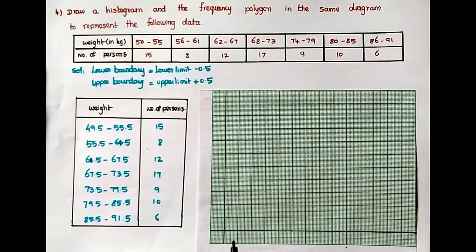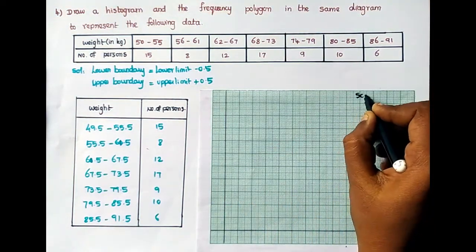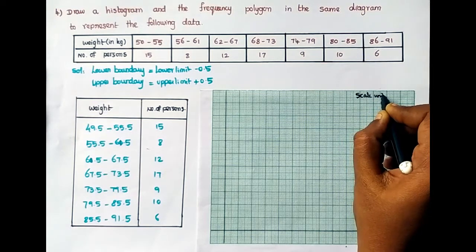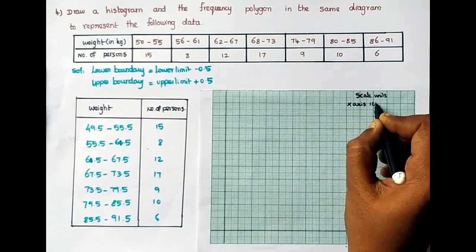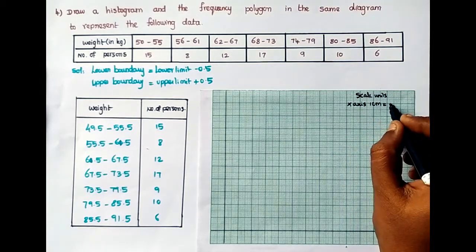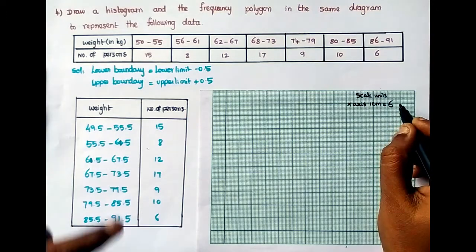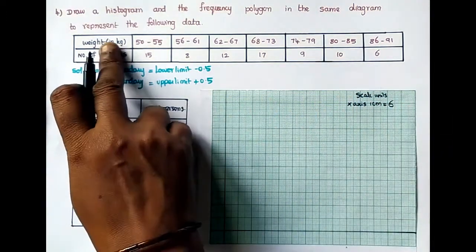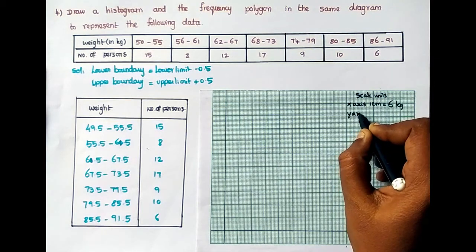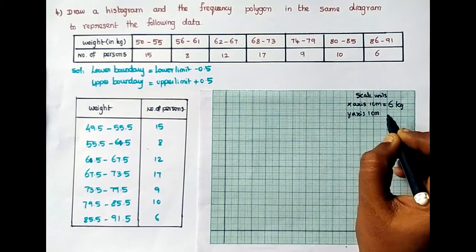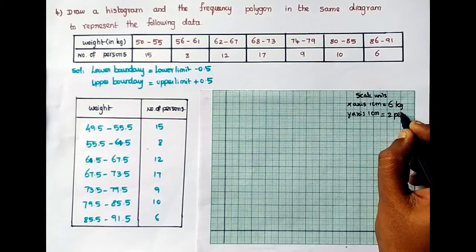Now draw the histogram. First write down the scale units. X-axis 1 centimeter equal to 6 kg, 6 difference, that is weight. Next, y-axis 1 centimeter equal to 2 persons.